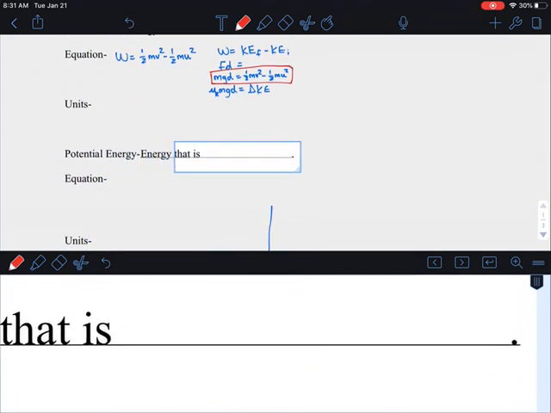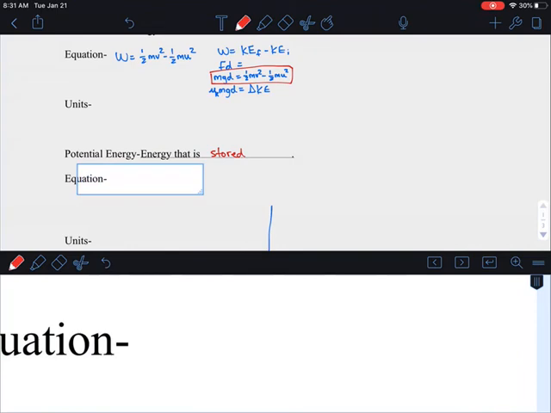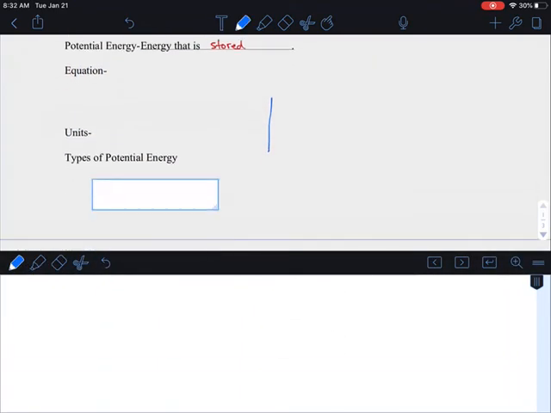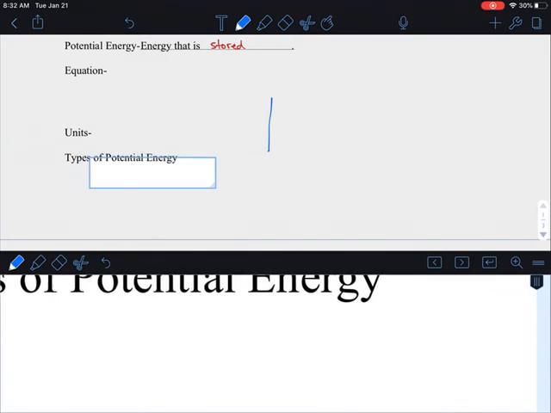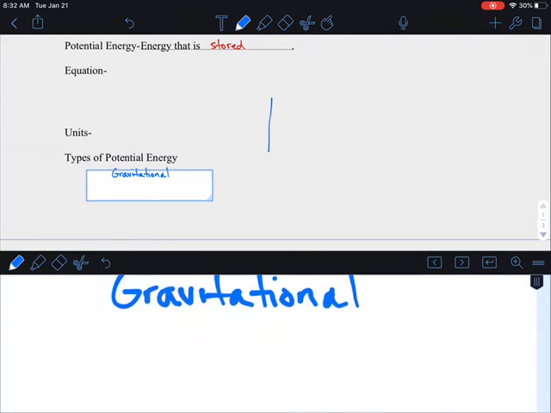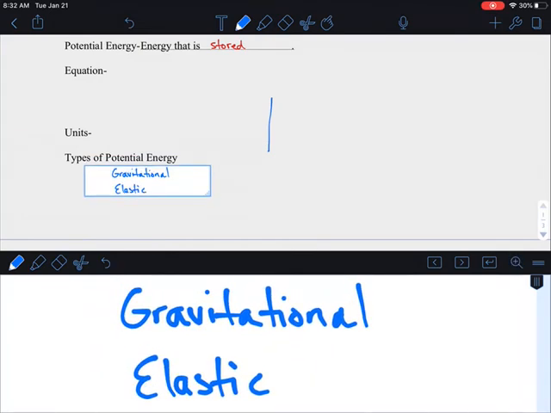Potential energy is energy that is stored. So the equation, we actually have two equations for potential energy. Because if you come down here, there's two main types of potential energy that we'll talk about. We'll talk about gravitational, and we'll also talk about elastic. We'll mostly focus on gravitational during this unit, but we'll come back in a later unit and focus on elastic potential energy.